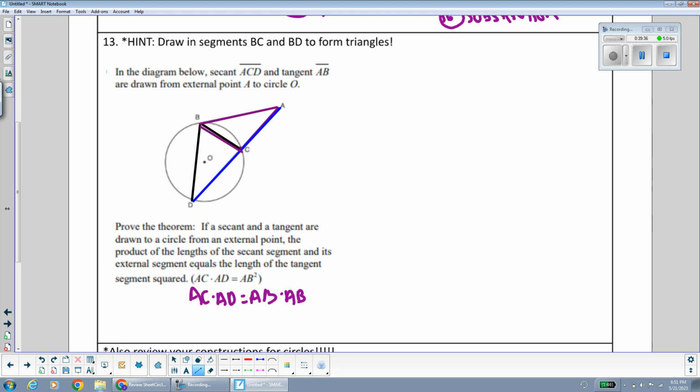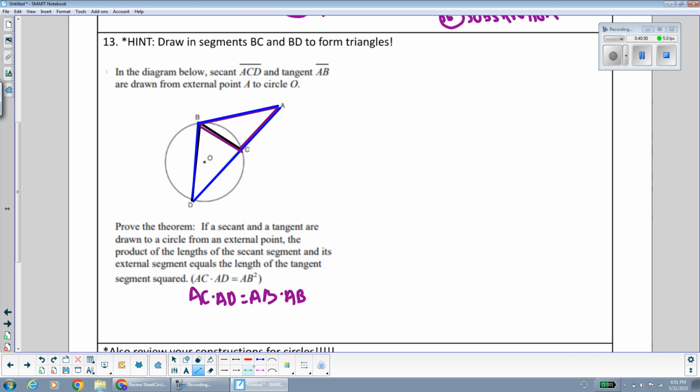So that's one of our triangles that we're focusing on. But then AB is also part of the big triangle. So from the segments mentioned in our proof statement, we're actually focusing on the big blue triangle and on the purple triangle.